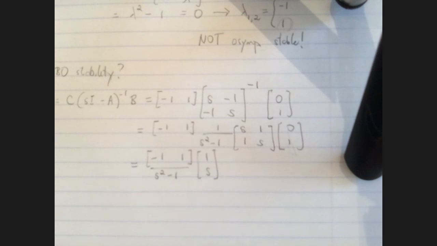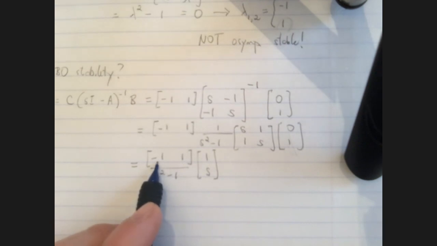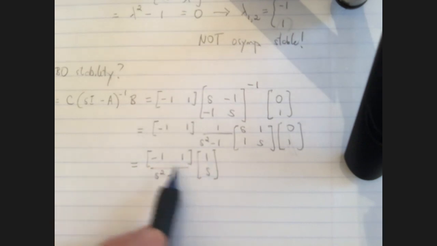Now I multiply this row and this column, and so I am going to get right here -1 plus s, which is another way to say s minus 1, over s squared minus 1.